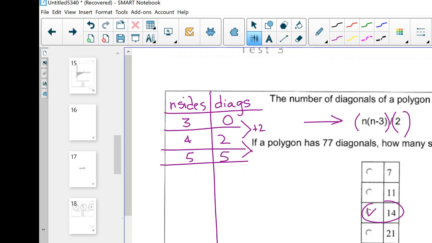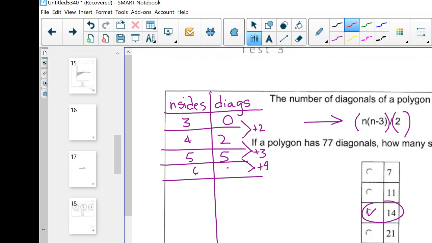From the second to the third, it went up 3. And I'm pretty sure it's going to go up 4 to get to a 6-sided figure, but that's small enough for me to draw, so I'm just going to draw a hexagon and then try to imagine how many diagonals there would be. And there would be 1, 2, 3, 4, 5, 6, 7, 8. There are 8.